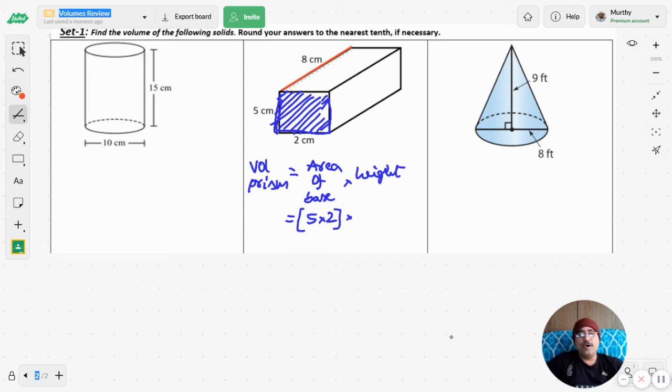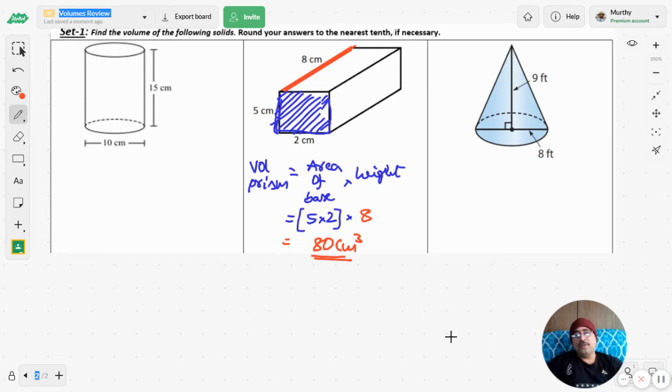Just assume you bought a loaf of bread, which is similar to this shape. If you make the loaf stand, then this 8 centimeters becomes the height. Otherwise you may think that this is the length. There is nothing wrong, you can flip these values here and there. So 5 times 2 is 10, 10 times 8 is 80 cubic centimeters. That's the volume. It's a straight question.